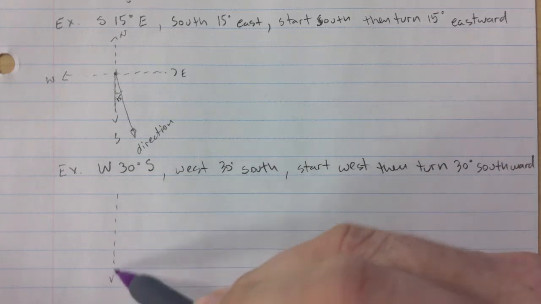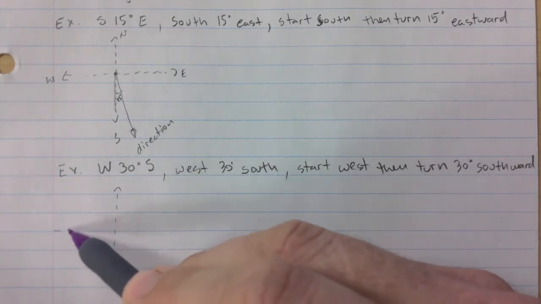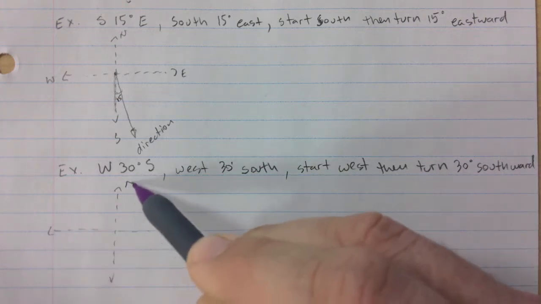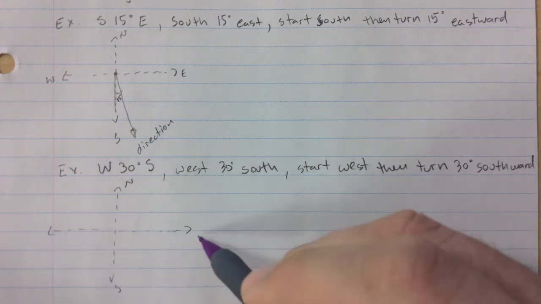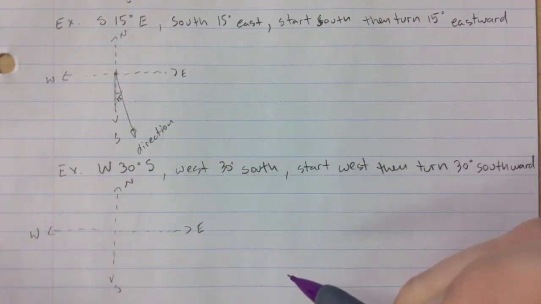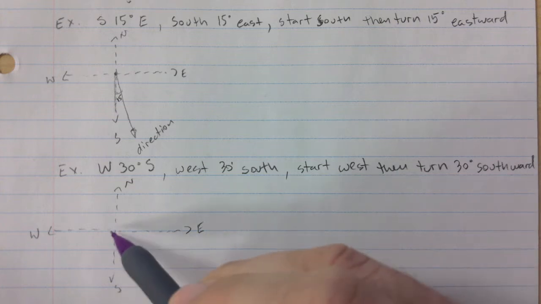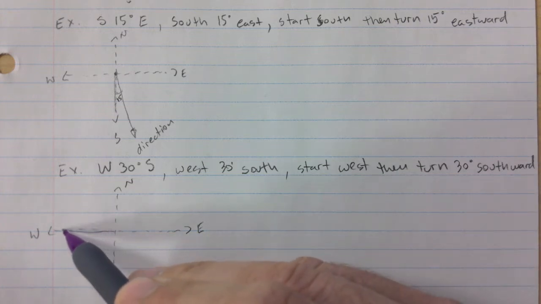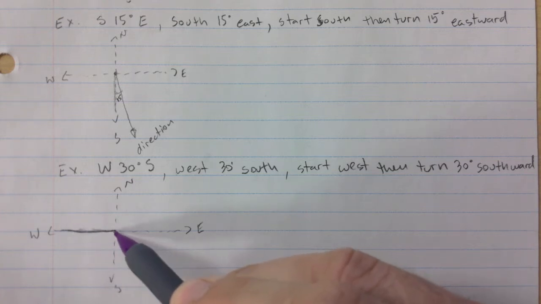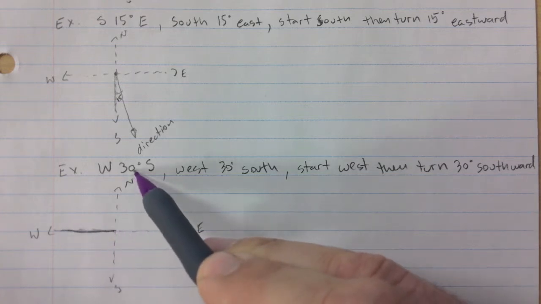So let's make our compass here. North, south, east, west. Okay, so you're starting west, so you can make that solid here. And you're turning 30 degrees towards south.